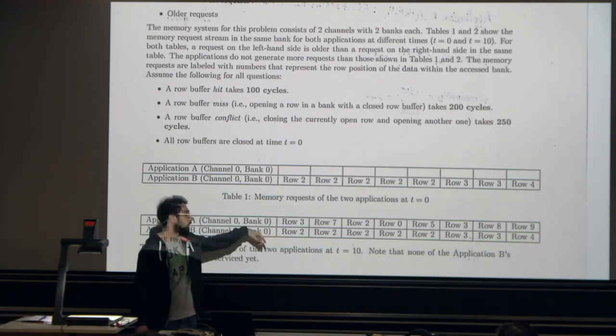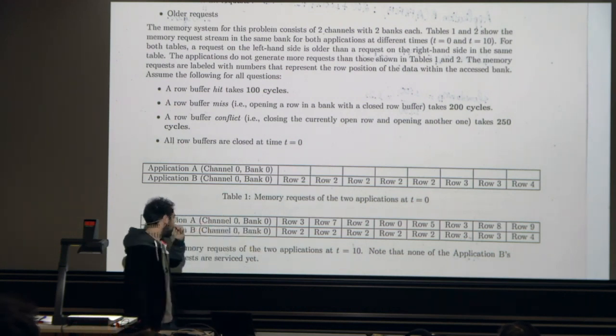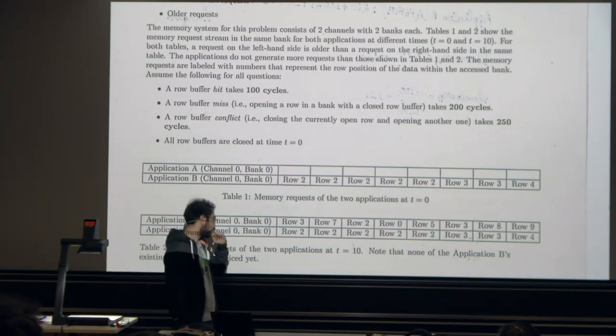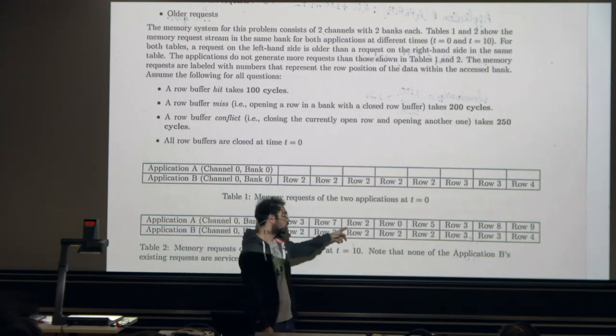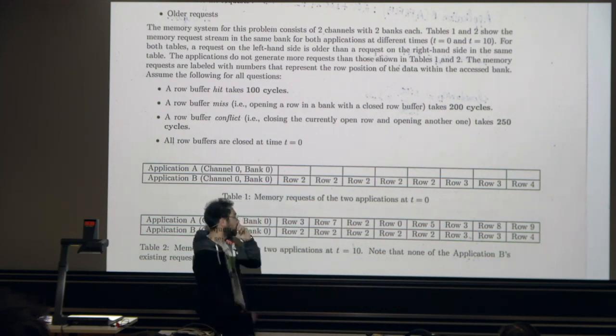But it does the row buffer hit first, which means it would select row 2 from application A. So you mean that you have a conflict here, and then you execute row 2. Yep. And so they would both be blacklisted at this point, and then you would go back to B because it's older, and then do all the row buffer hits, and then it would execute as previously.